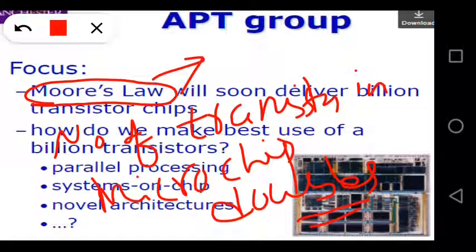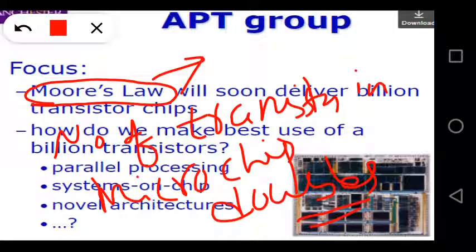Moore was a scientist in the 1960s, and he's the co-founder of Intel. You all know about Intel, right? He made this observation that became Moore's law.